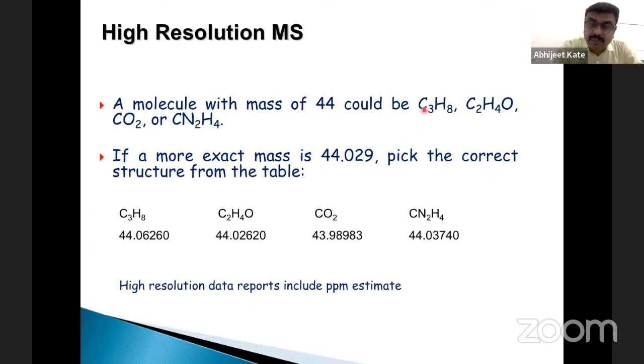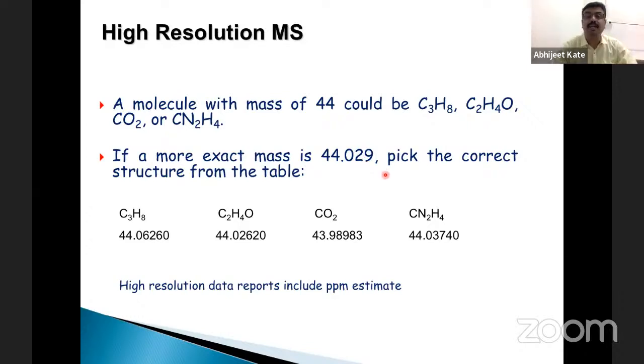Now we know the accurate mass of these individual atoms, elements. Carbon has 12.00, hydrogen has 1.007824, and same for oxygen, nitrogen, sulfur and all other things. If you add those accurately, you will get the accurate mass up to 3 to 5 decimal places.